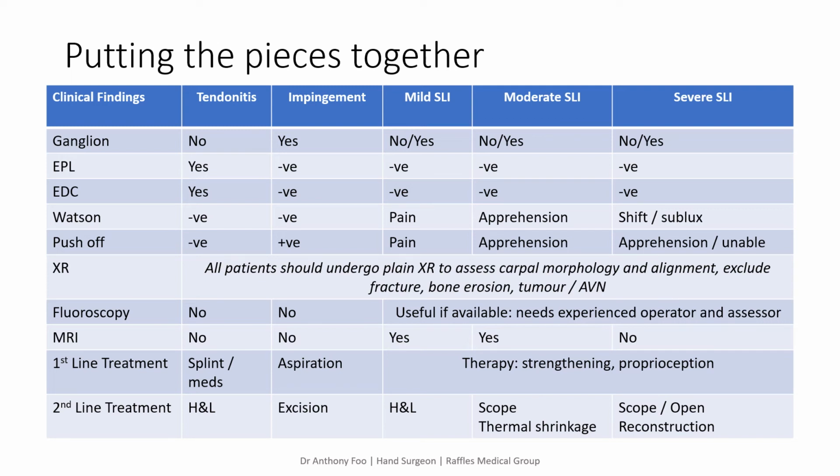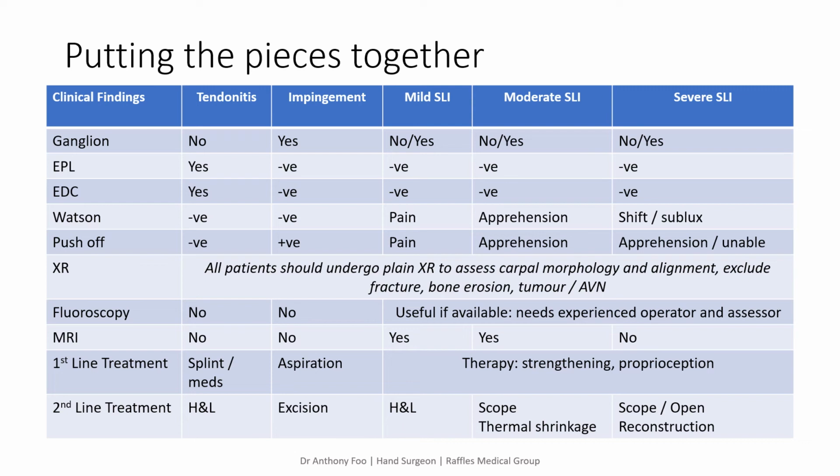In milder presentations, I would consider injection to the scapholunate area to reduce the synovitis. For some patients, this is all that they need because they have mild inflammation and therefore pain. With a steroid, they can progress through their therapy to strengthen the wrist, and surgery may be avoided altogether.